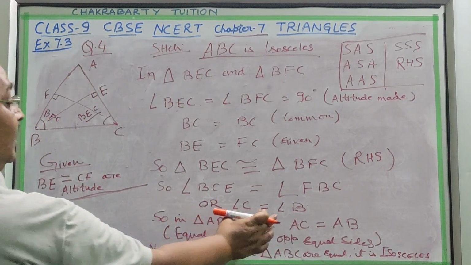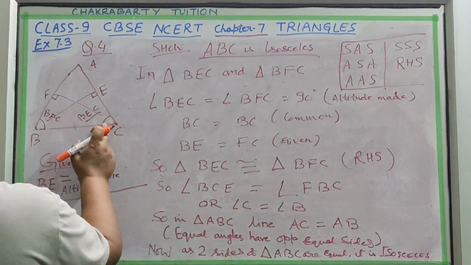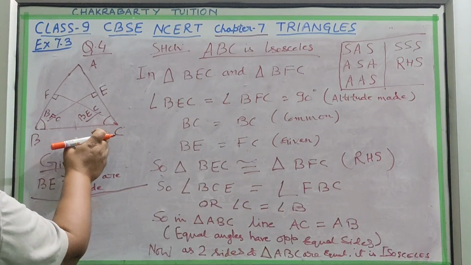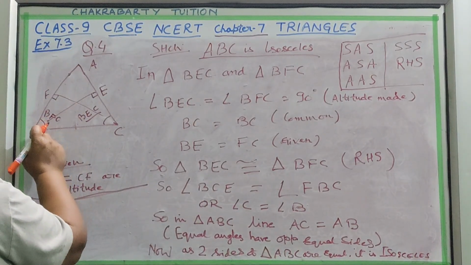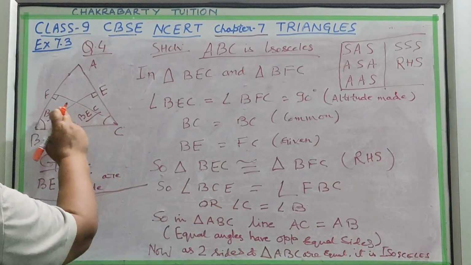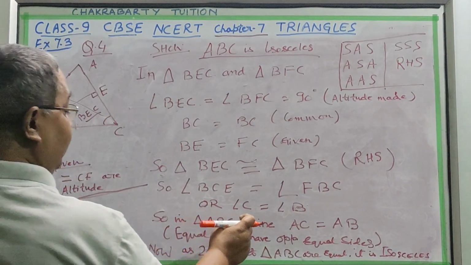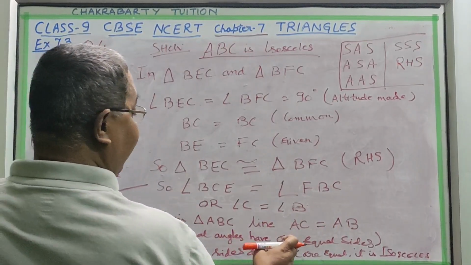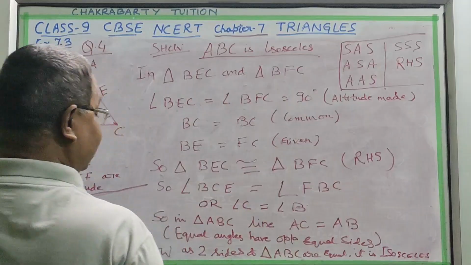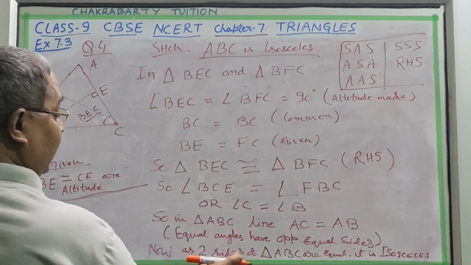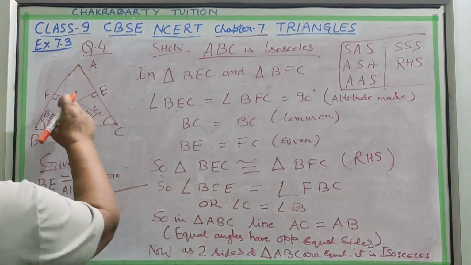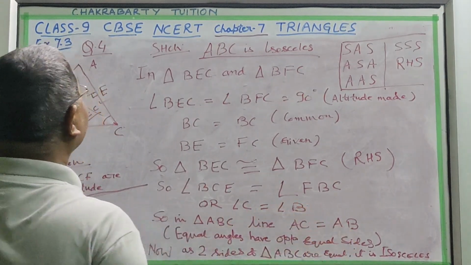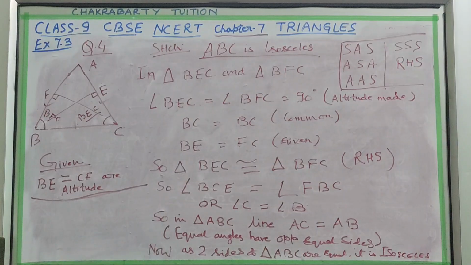When two angles are equal, the sides opposite to them are equal. The side opposite angle B is AC, and the side opposite angle C is AB. So AB is equal to AC, because equal angles have equal opposite sides. So two sides of triangle ABC are equal, and it is an isosceles triangle. In this way you can prove it.